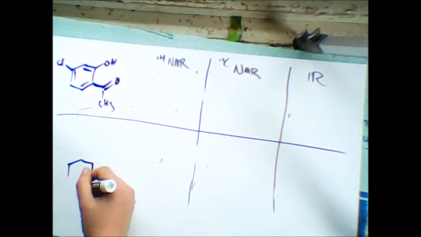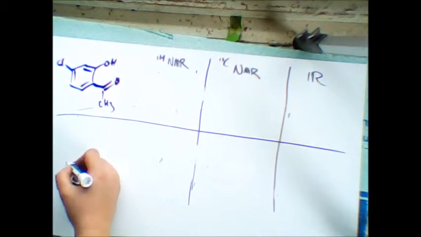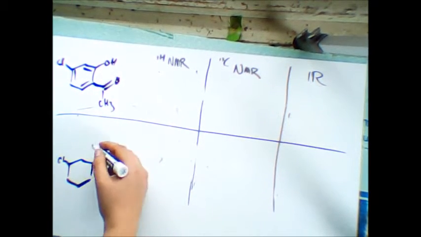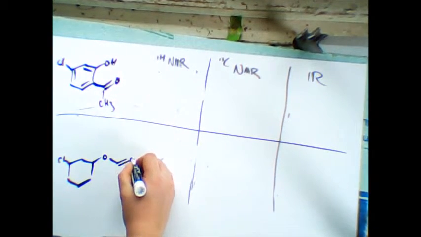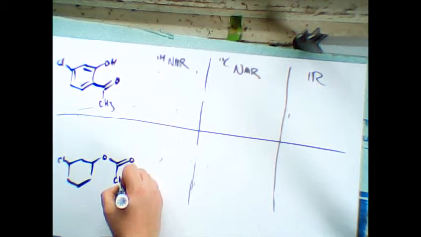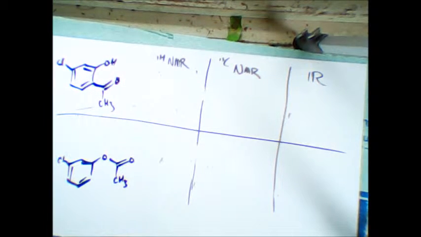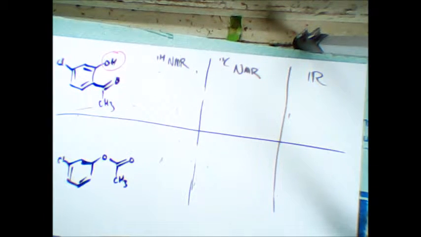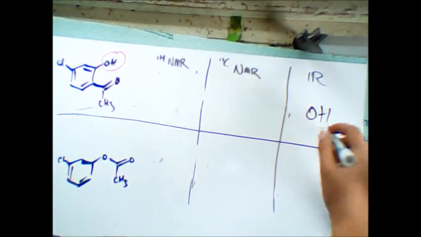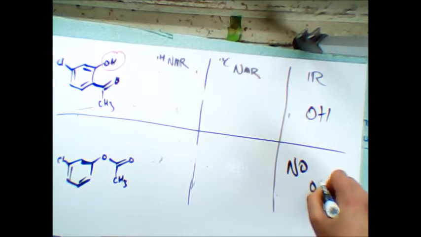Because you should notice right off that there is a major difference between these two in terms of our most prominent IR signal. And what is that? That is, of course, the OH. This is going to be your biggest distinguisher between these two. So, one is going to have an OH, and one is going to have no OH.